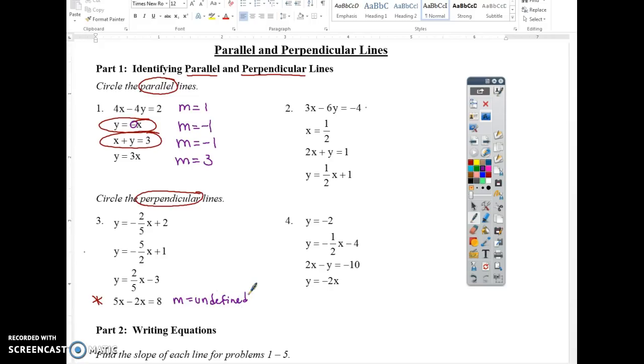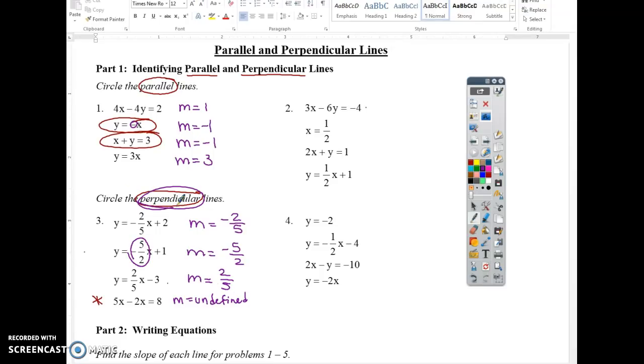Okay, so what's the slope of the first equation? Negative 2 over 5. What's the slope of the second equation? Negative 5 over 2. And what's the slope of the third equation? M equals 2 over 5. I need the ones that are perpendicular.